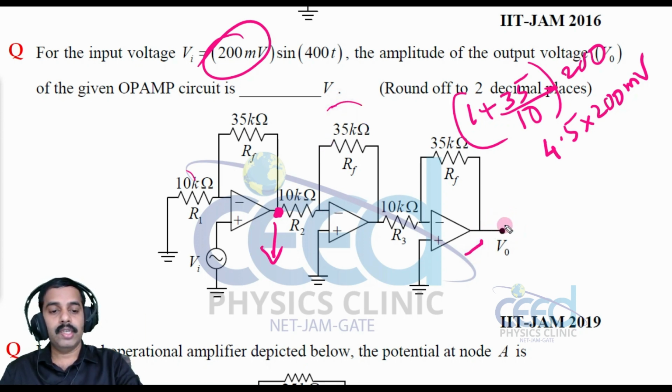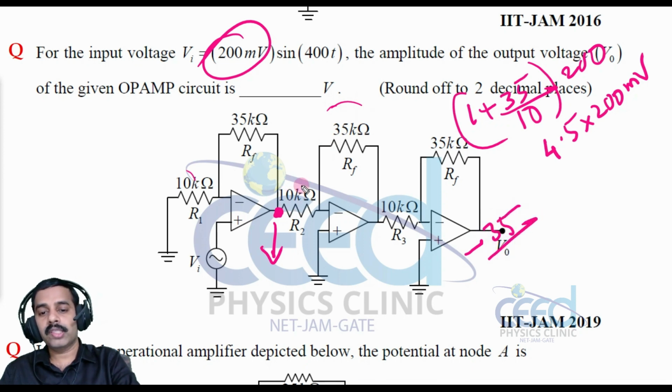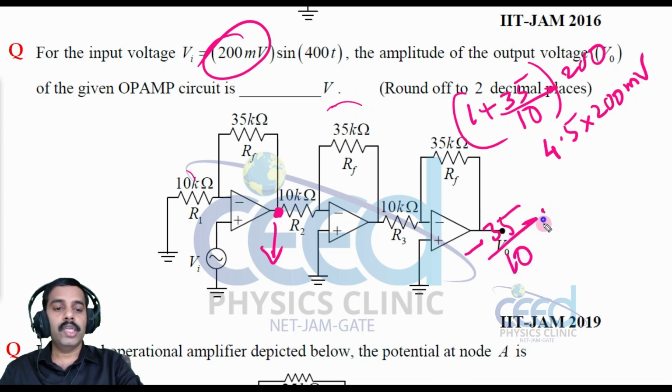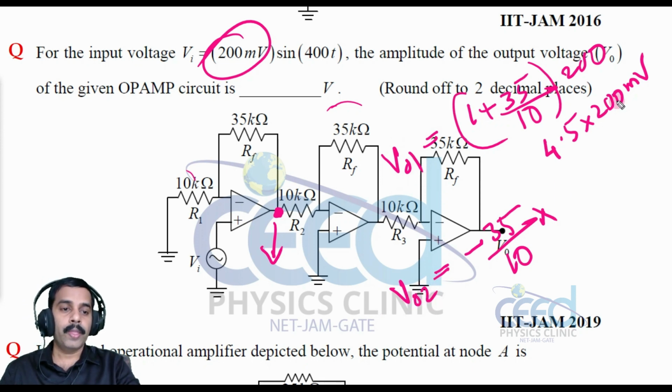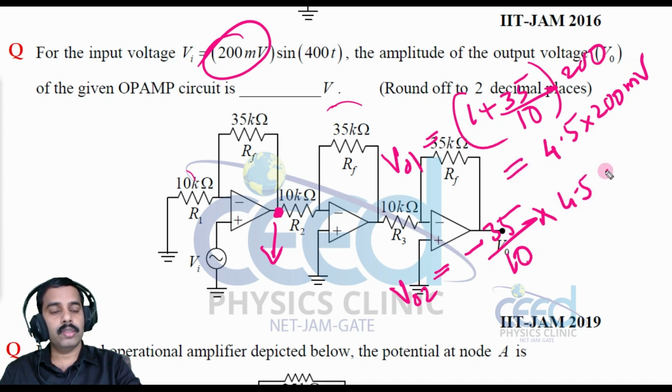Rf is 35 divided by R1, that is 10, into whatever input we have given here. That is the second output. So this is V01, and the second stage, V02, is equal to minus 35 by 10 into the input. What is the input that we have here? 4.5 into 200 millivolt.